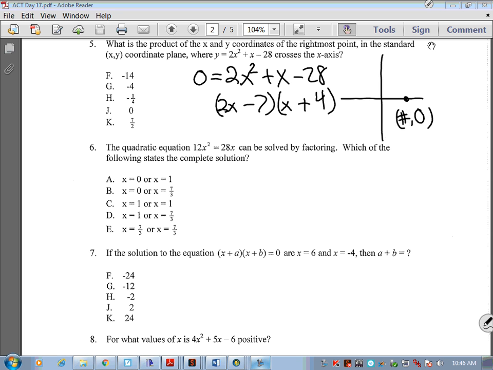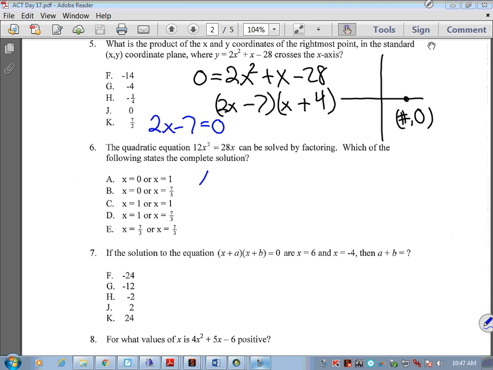So far, does that make sense? Okay, so we understand how to get that. What is the product of x and y coordinates of the rightmost point in the standard xy coordinate plane? So let's go ahead and solve for x. We've got 2x minus 7 equals 0. So that's going to be add 7 and divide by 2.